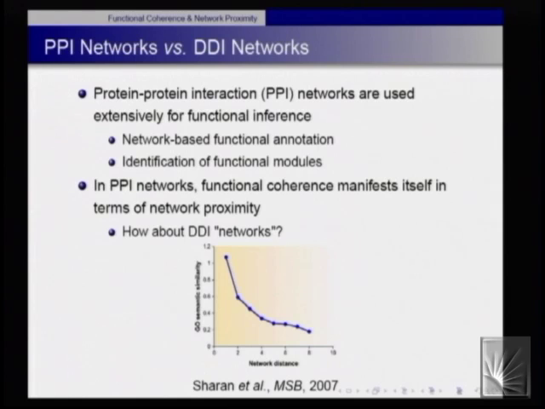This shows an exponential relationship: as the proteins go further apart in the network, the functional similarity goes down exponentially. We decided to see whether we can plot a similar picture for the domain-domain networks, to show that it is not only about pairwise interactions, but also that paths on a network of domains might mean something.